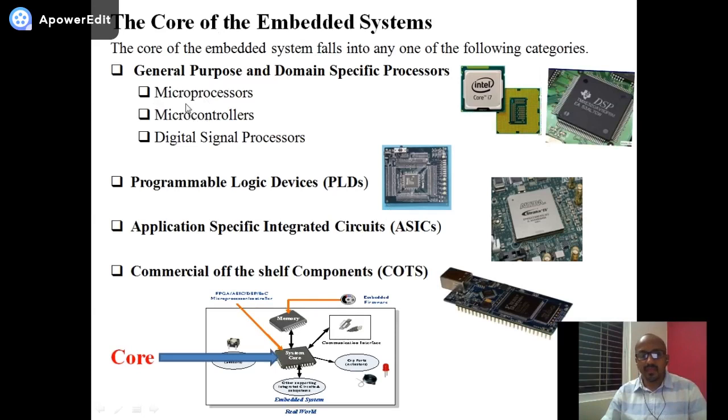The core may be a processor, for example Core i7, a microcontroller, 8051, ARM Cortex M3, a DSP processor, Texas Instruments DSP processors, PLDs, programmable logic devices, FPGA or CPLD, and application specific integrated circuits, ICs. They are also called special purpose processors.